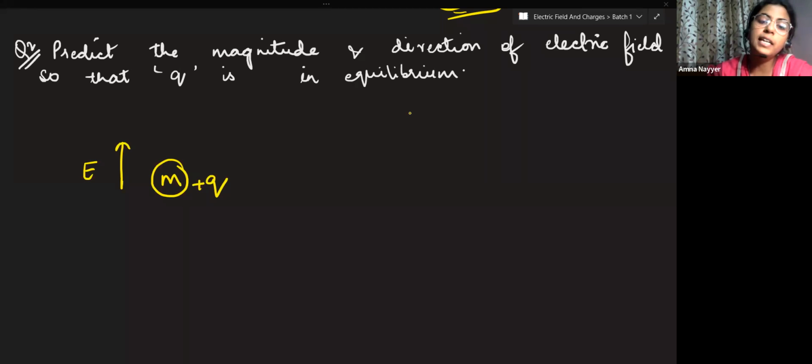Not electric field. Electric field is not a force. Electric field is force experienced by a charge. So that is different. Electric force you have to write. Electrostatic force that we have been discussing. See, this electric field is not because of this plus Q charge. Remember, whenever you have this kind of situation where electric field is present, what has happened?